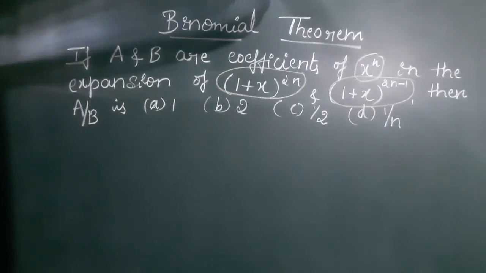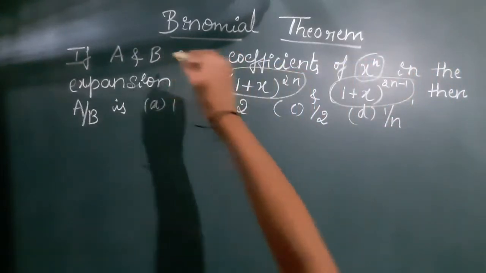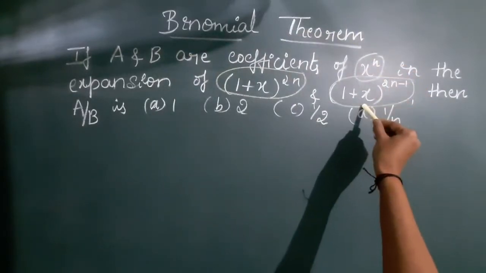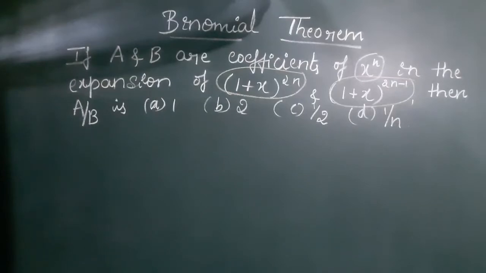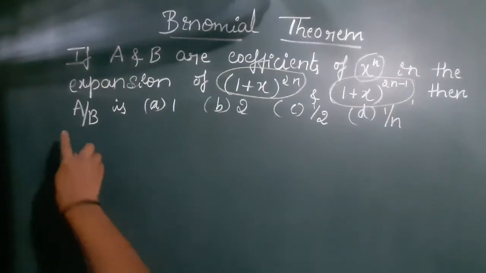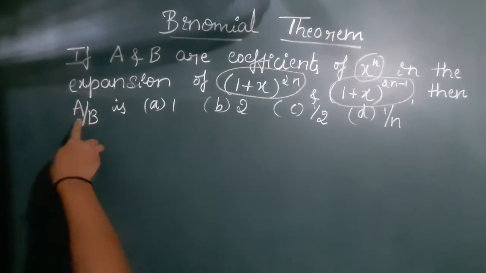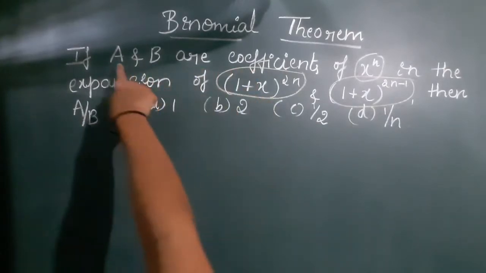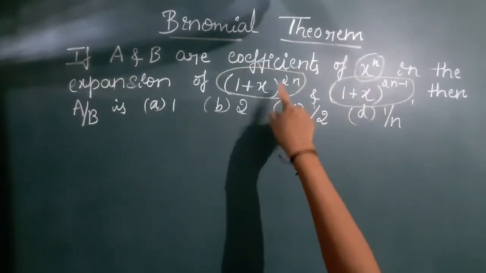A is the coefficient of x to the power n in the first expansion and B is the coefficient of x to the power n in the second expansion. First we'll find the value of A, then the value of B, then we'll find the ratio. So first we need to find the coefficient of x to the power n in this expansion.